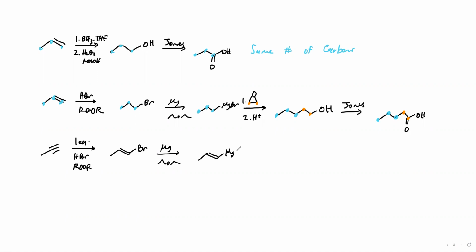And suddenly we have a vinyl Grignard that, when reacted with, let's say, an epoxide, gives us this interesting relationship here. We sort of retain that double bond that didn't exist before, right? Here, the double bond completely goes away, but here we keep one, or we keep a pi bond.